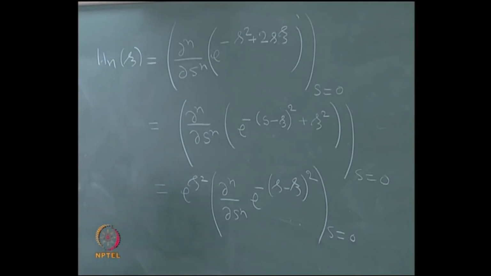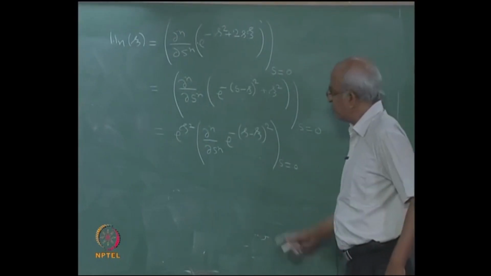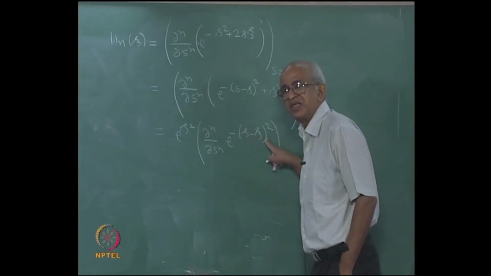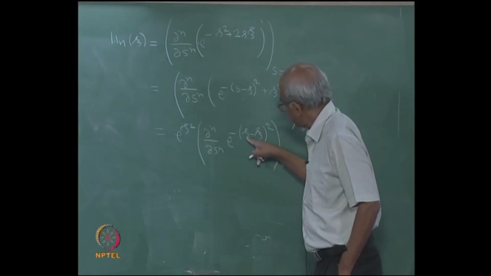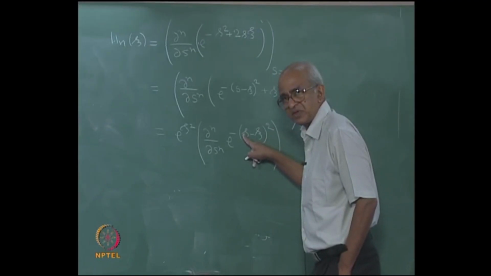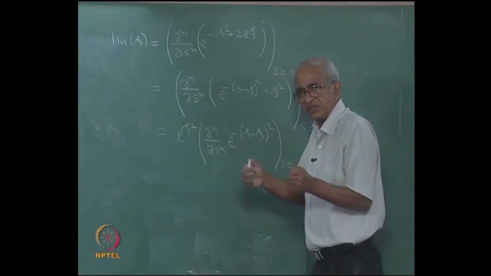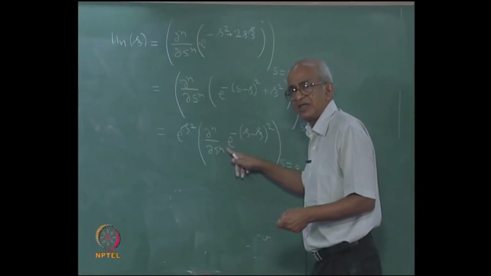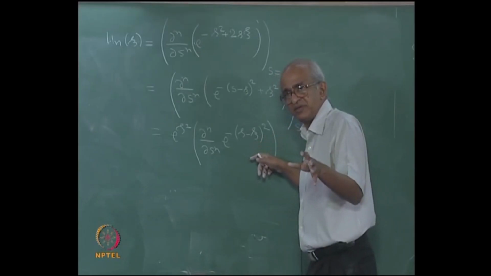Now, you look at this expression, you are differentiating with respect to s, but the function depends upon s minus c, right. So, if I wanted, instead of differentiating with respect to s, I can differentiate with respect to minus c, because it is a function involving s minus c. So I can differentiate with respect to c; the only thing is that an additional negative sign has to be put.